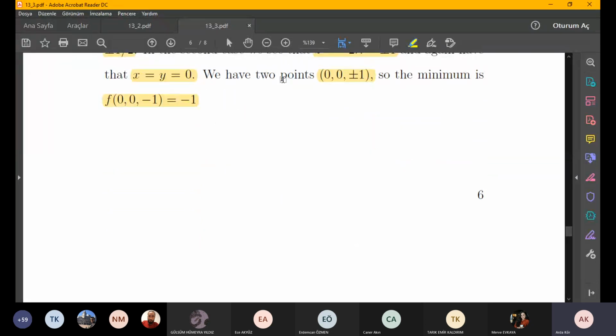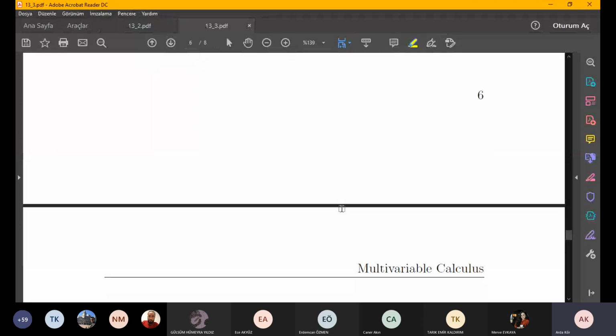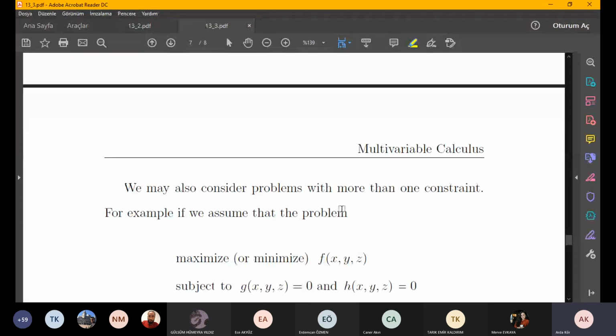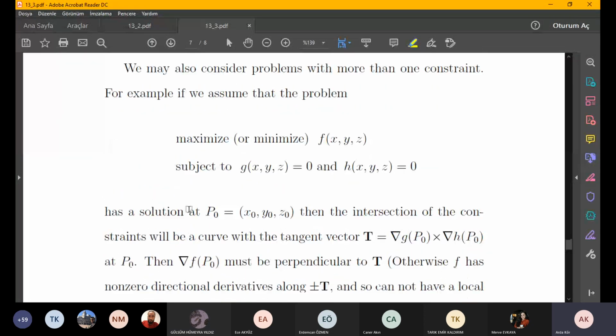So this is an example for 3 variable functions. And also, as I said at the beginning of that chapter, we can also consider problems with more than one constraint.